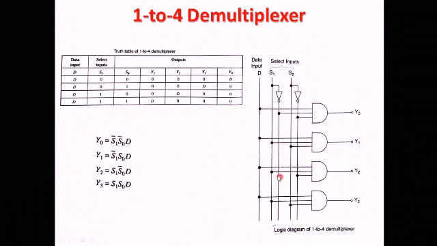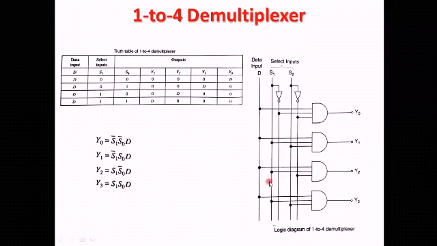Similarly, when S1 is 1 and S0 is 0, Y2 will be connected to D. And similarly, when S1 is equal to 1 and S0 is equal to 1, D will be connected to Y3. So these are the 4 cases, and we have understood how to design a 1 to 4 demultiplexer.